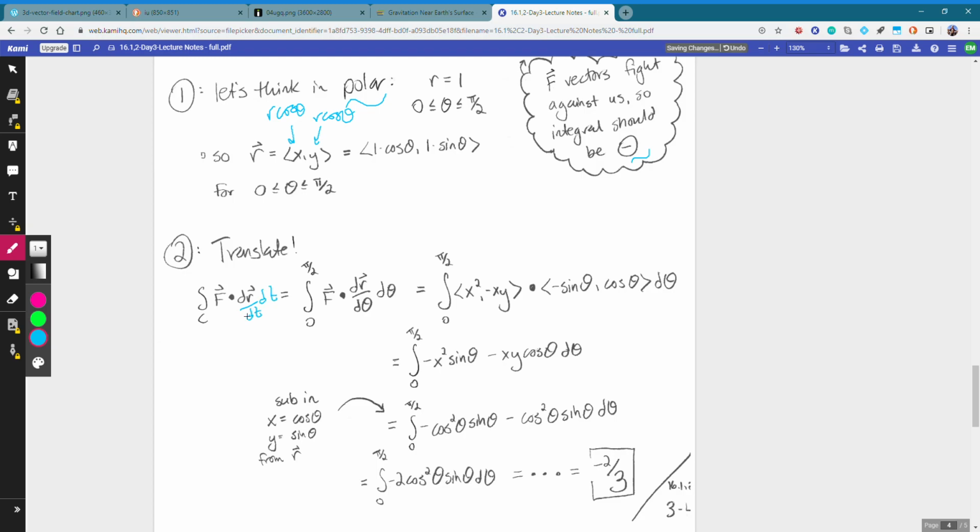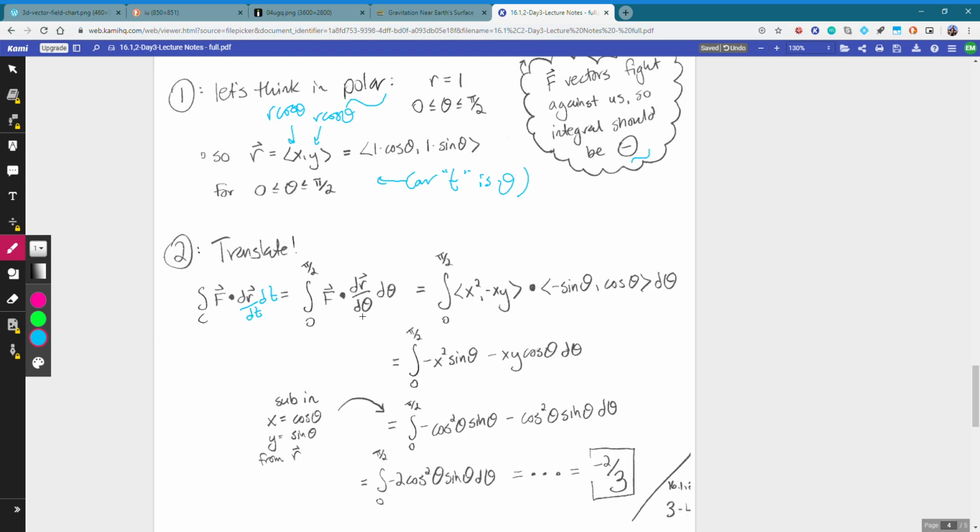That's right. And notice here, our parameter t is theta. And so that's what I have over here on the left, the derivative of our parameterization with respect to theta. And here we have the limits for theta.